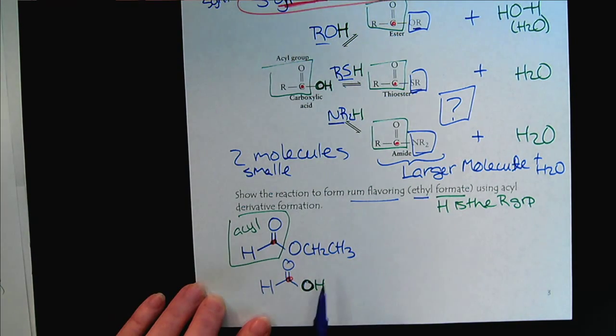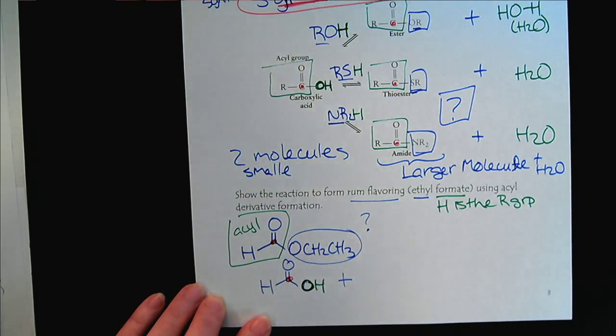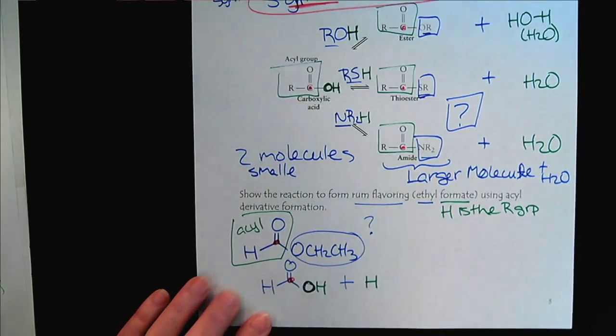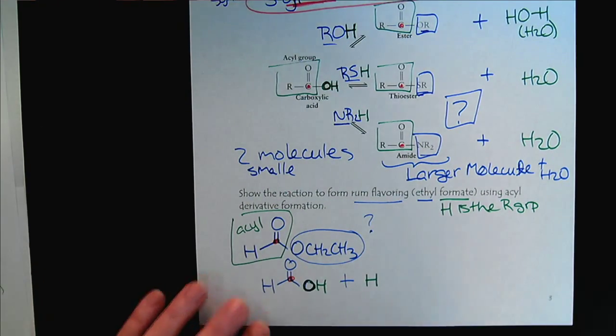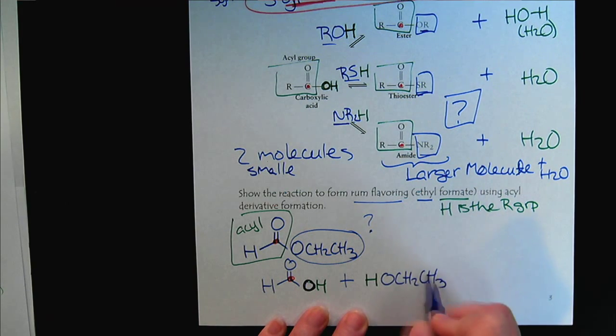And so now the question is, what alcohol do we add? So that's right here. That's what I've described as the question mark. So as an alcohol, it would have a hydrogen. And then we would have O, CH2, CH3, right?